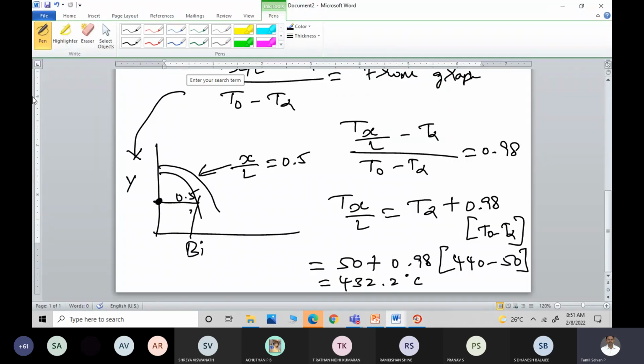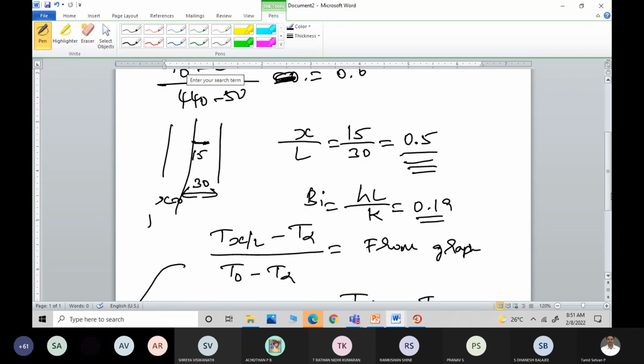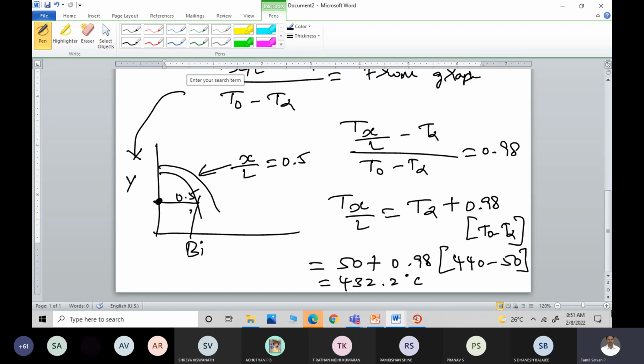T naught is the central line temperature. How much did we find? 284. Substitute 284 here. That's correct.